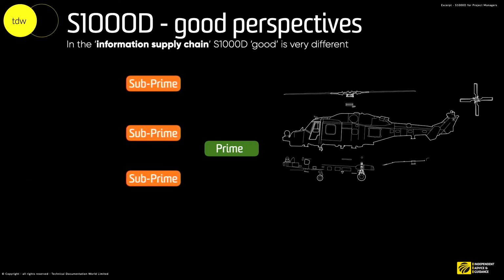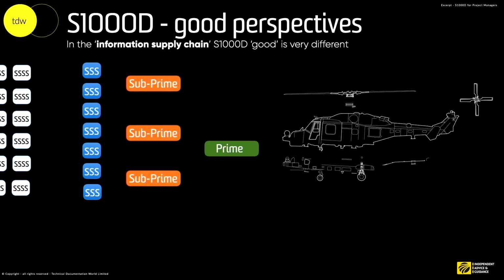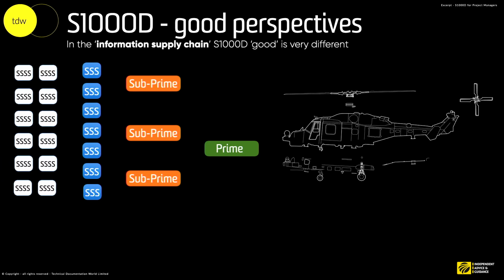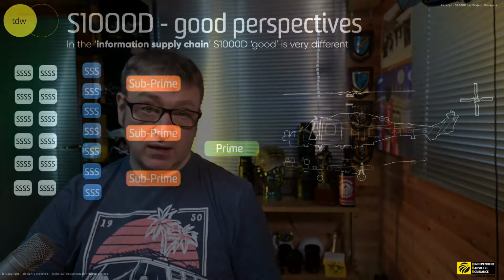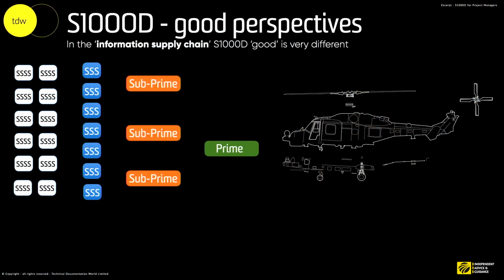So we have our primes, we have subprimes, and underneath them we have lots of different suppliers. I hope this doesn't surprise you: most platforms today are made up of systems, subsystems and components from lots of different suppliers and partners. Shock horror if you didn't know that.